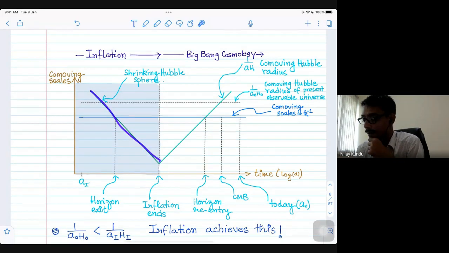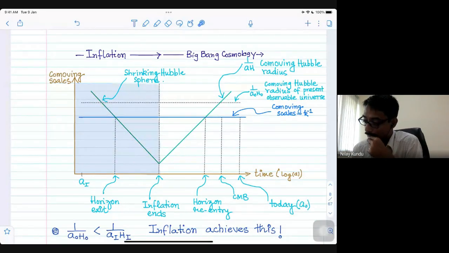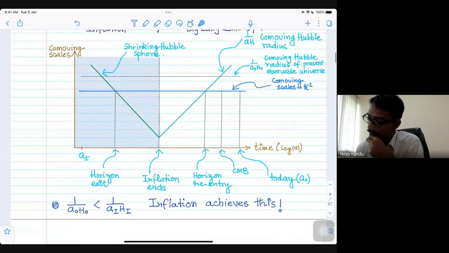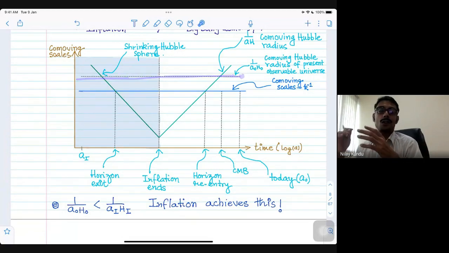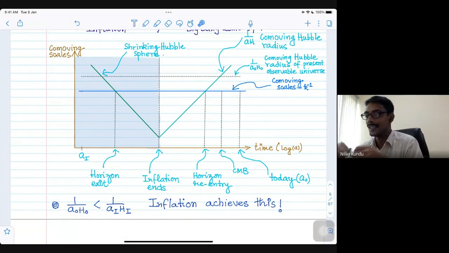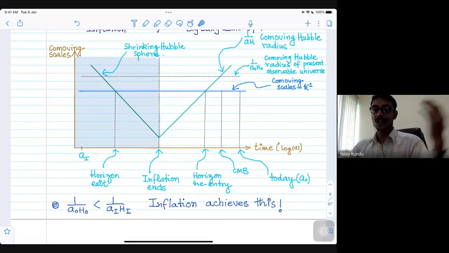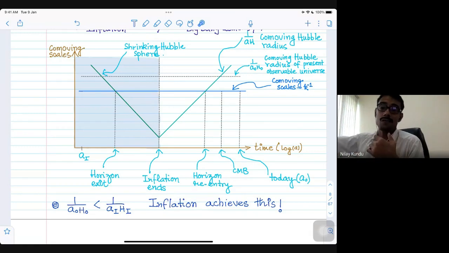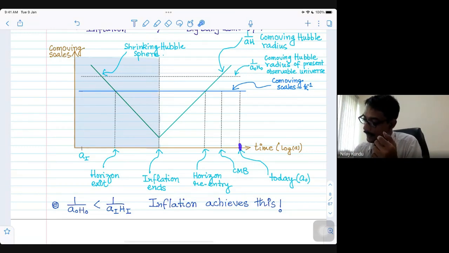What inflation achieves is that this 1 over a naught H naught, which is, let's say, this mode, is the size of the observable universe at present. Each day we are seeing more and more of our universe because light is coming to us from farther and farther away. So today, which is here, the size of the Hubble radius is 1 over a naught H naught.